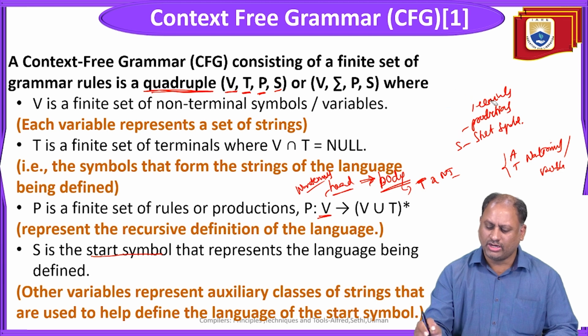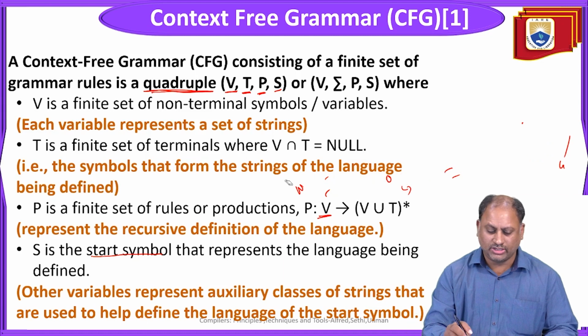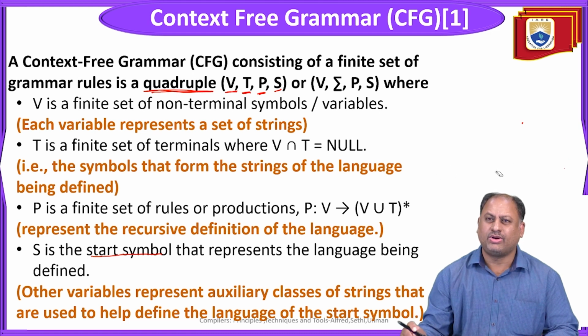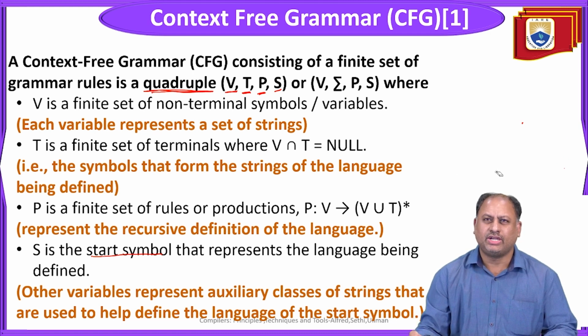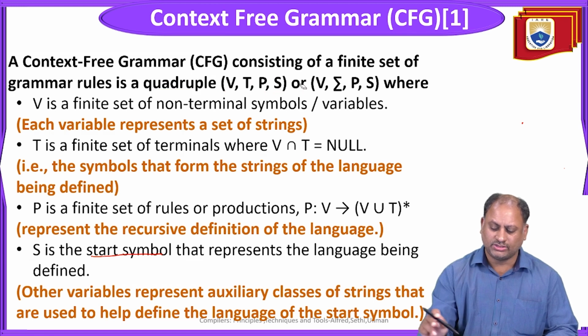According to the context-free grammar definition, a grammar is a finite set of grammar rules, with a quadruple notation V, T, P, S, where we represent the variables, terminals, productions, and the start symbol.